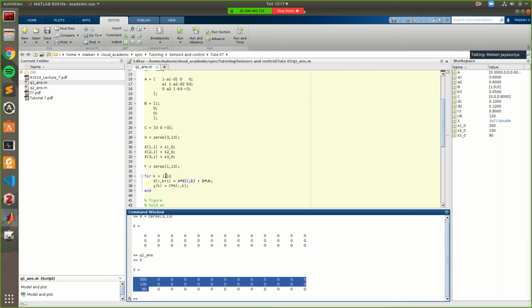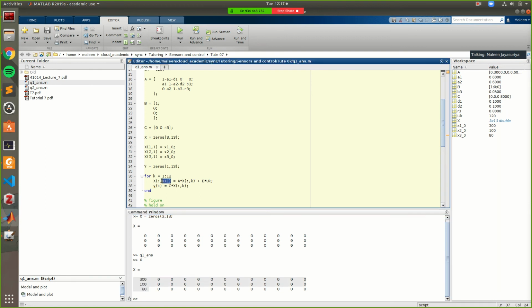And then when k equals 2, I'm going to take the k equals 2 value that we calculated in the previous step and use that to calculate the k equals 3 state, right? And we are just going to repeat that until all 12 months are completed. So that way we are essentially filling up this matrix, and step by step for each of the 12 months we are calculating what the states are going to be, including the output as well, right?